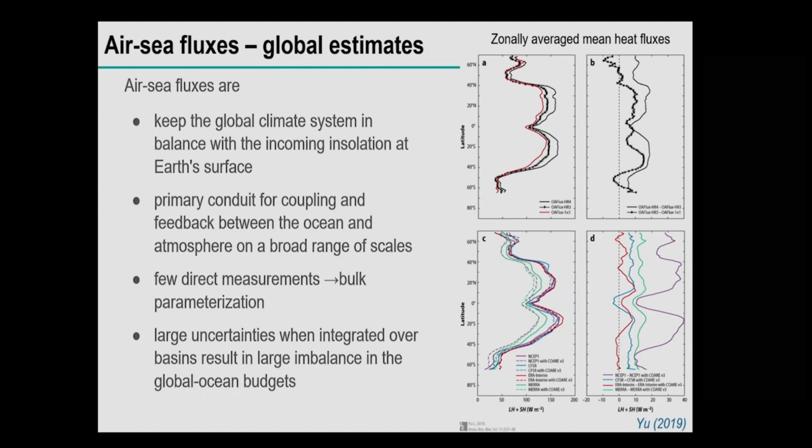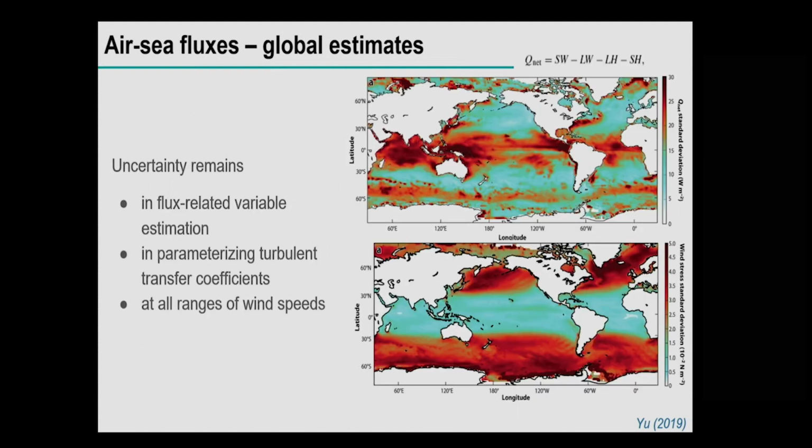The bottom here is a bit of the same, but it also shows different products, data sets. So there are differences not only in the way we compute those fluxes, but also of the state parameters that we use to compute them. And there is uncertainty in both. And this leads to global huge variability.